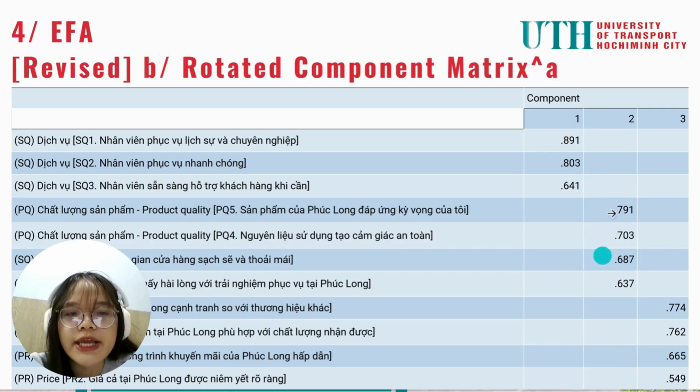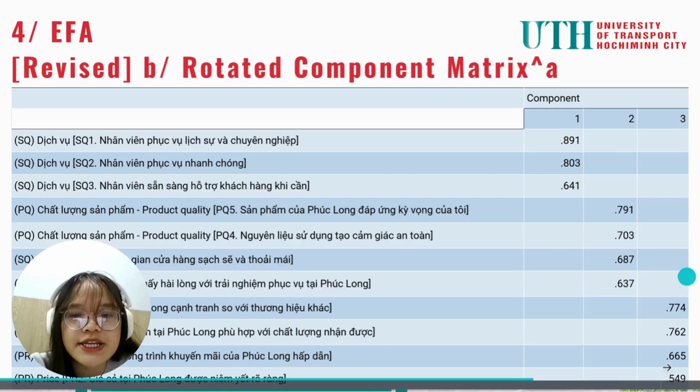PQ4, PQ5, SQ4, and SQ5 loaded on the second component, as you can see in the table. So this result may indicate that the respondents considered the product quality, the store environment, and the overall service experience as part of a broader customer experience factor. The four retained price perception items loaded on component 3.